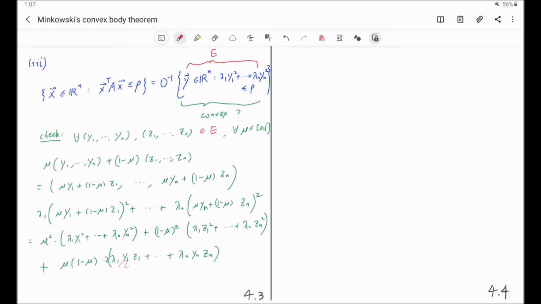Now this is bounded above by lambda 1 times (y1 squared plus z1 squared) plus ... plus lambda n times (yn squared plus zn squared). Okay, now you know this part.